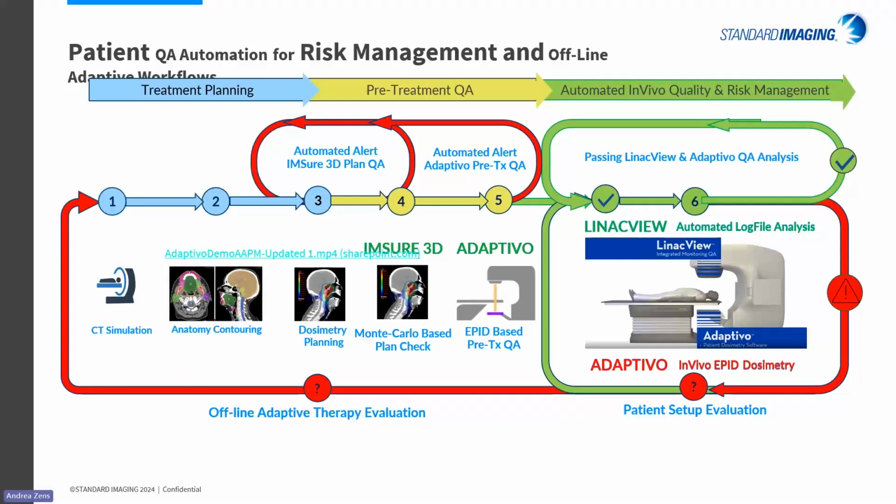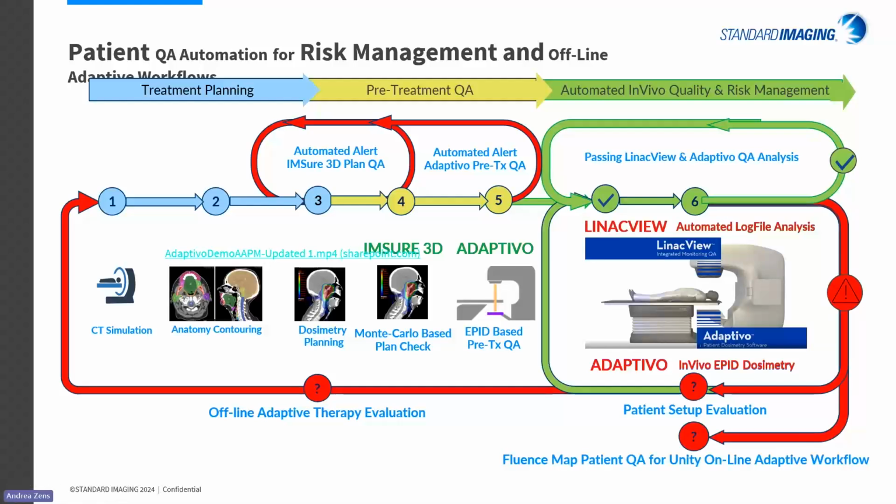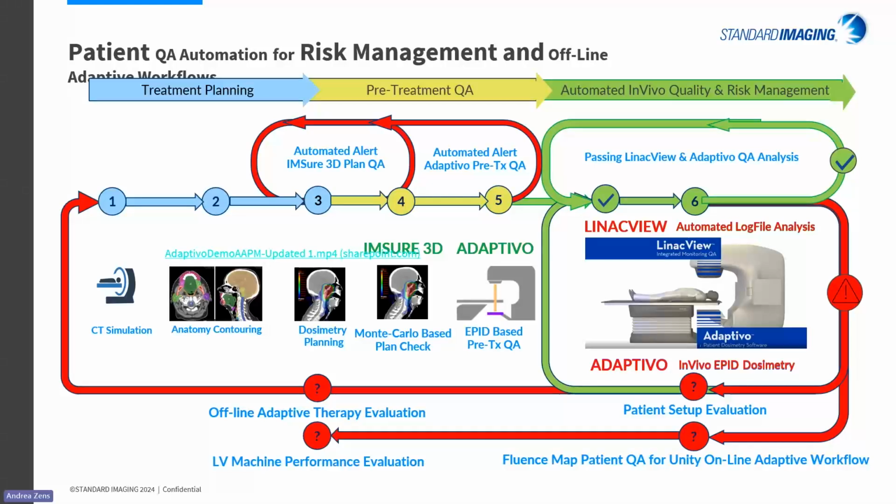Issues with patient setup can be quickly identified and addressed before the next treatment session. Or clinicians may need to do offline adaptive therapy evaluation to accommodate changes in anatomy. Proactive machine QA, that's important. So our LINAC View works alongside Adaptivo to provide that real-time machine performance and plan delivery QA data for every treatment delivery.